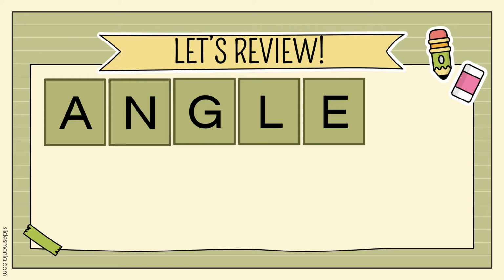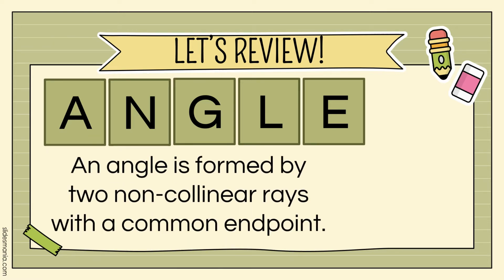It is A-N-G-L-E. Now, what is an angle? When we say angle, it is formed by two non-collinear rays with a common endpoint. So we are talking of two rays here with common endpoints.